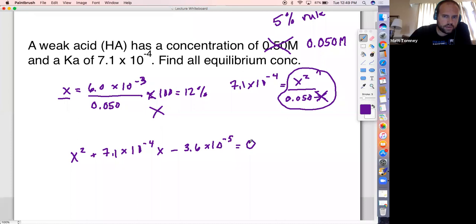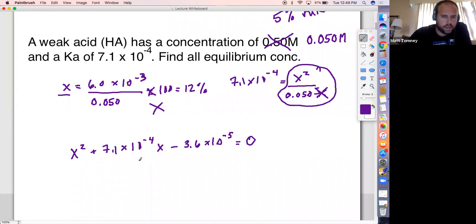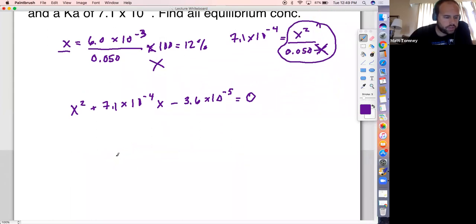That would be equal to 0. So all I did here was I set this entire equation equal to 0 through algebra, and I came up with the equation I need for my quadratic equation.